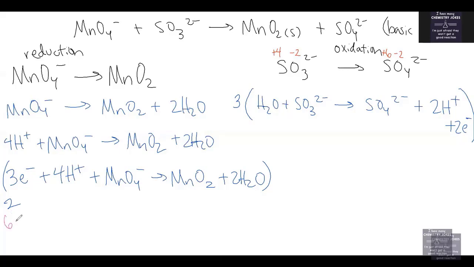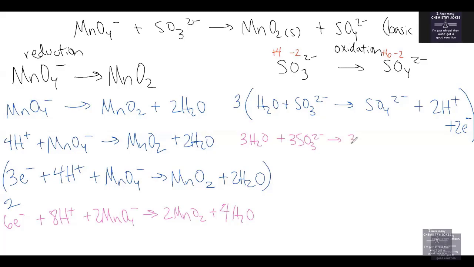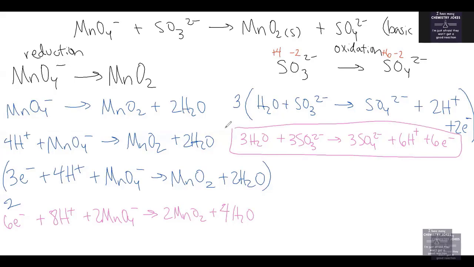So multiplying, we get 6 electrons plus 8H+ plus 2MnO4- yields 2MnO2 plus 4H2O. 3 water plus 3 SO3 2- yields 3 SO4 2- plus 6H+ plus 6 electrons. We're now ready to combine this pink one and this pink one.